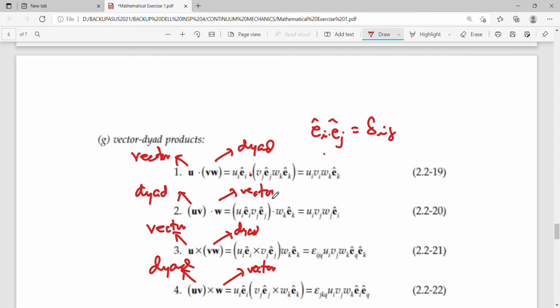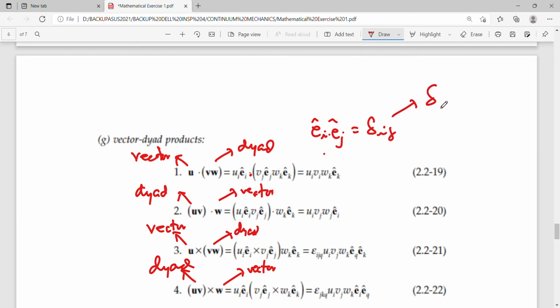Interfering with one of the vectors here inside. Okay, so you don't touch a UI. What you touch here or you try to consider here is the VJ. So when I multiply the VJ here, because I have now an EI dotted to EJ, which is delta IJ, the nearest vector is VJ, therefore I can make use of contraction, no?